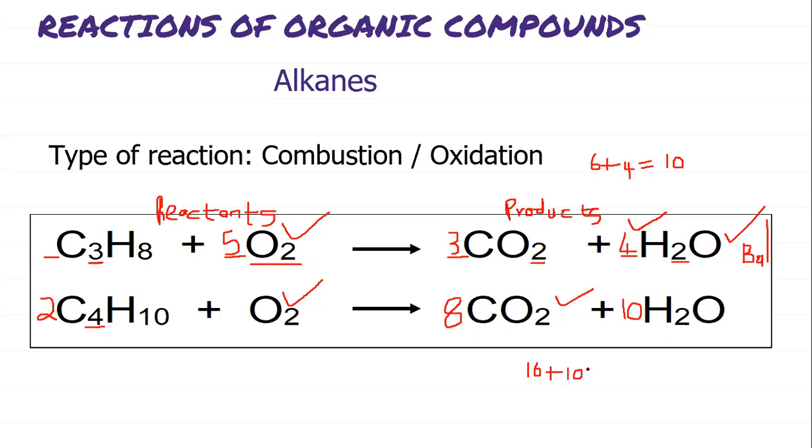So in total, I have 26 oxygens on the right-hand side. So if I have 26 oxygens on the right-hand side, then I have 2 on the left-hand side. It means I need to balance the left-hand side. And to make the left-hand side a 26, I'm going to balance there with a 13, because 13 multiplied by 2 gives me 26 altogether. Then I am going to get a 3rd mark for balancing.